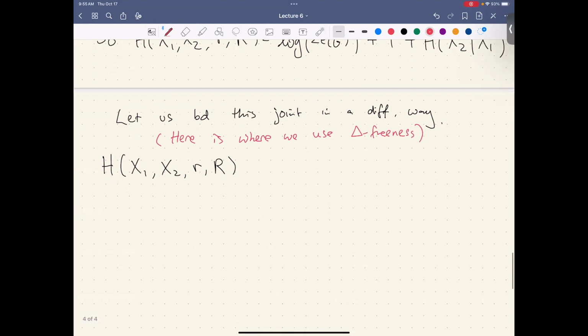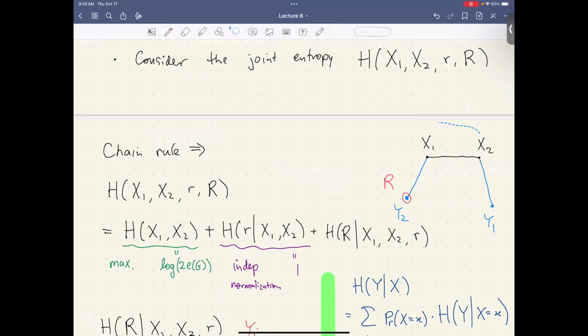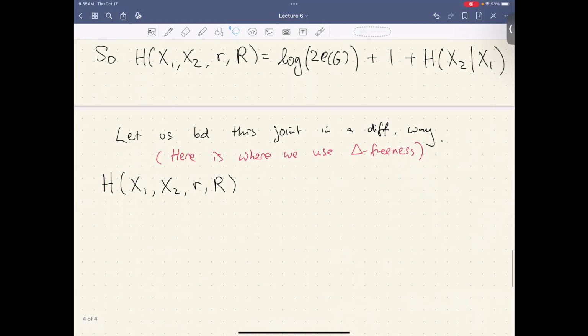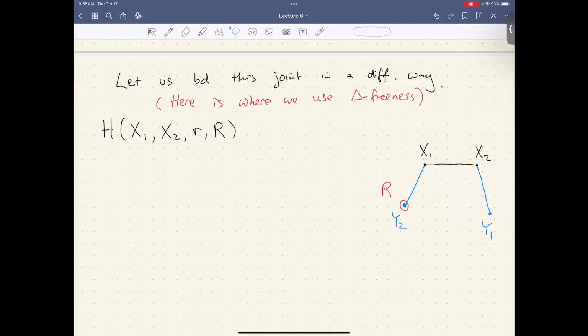Okay, how do we use it? Let's draw this picture again. How we use the triangle-freeness is that, note, triangle-free implies the supports of Y1 and Y2 are disjoint.